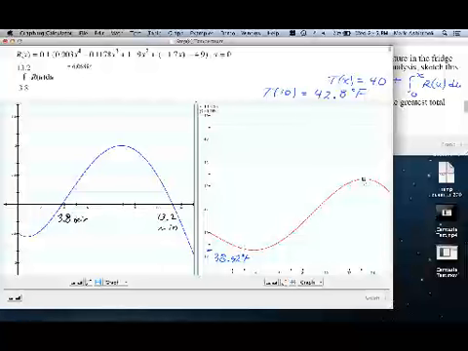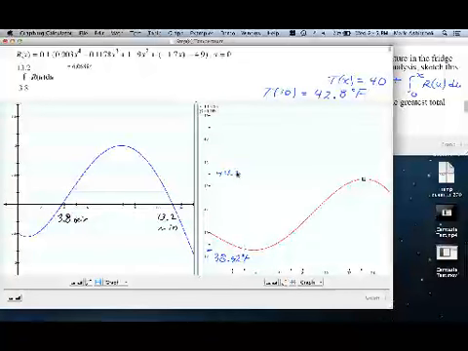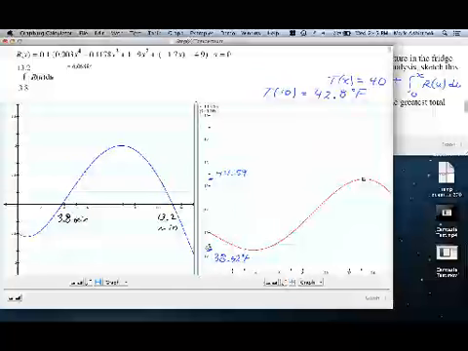That's about as close as I can get, and that's 44.59. So this right here represents that change in temperature, the greatest amount of increase over this 15-minute period, from there to there.